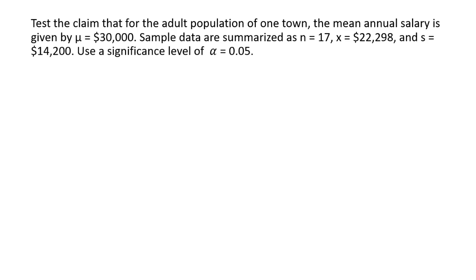But you have a sample of 17 people, and you got the mean value, x bar, as 22,298. The sample standard deviation is 14,200, and you use a significance level of alpha equals 0.05.